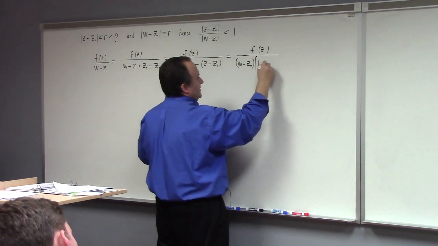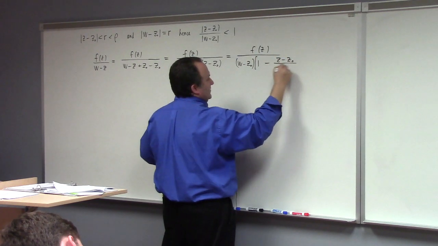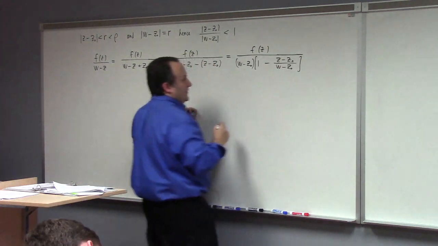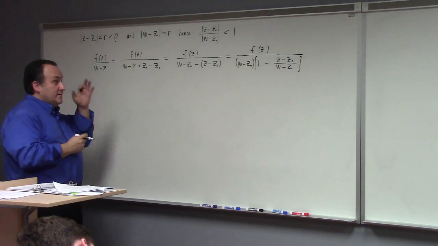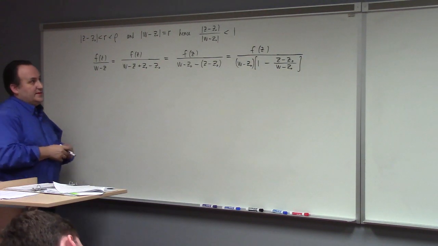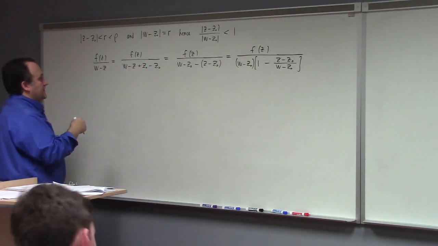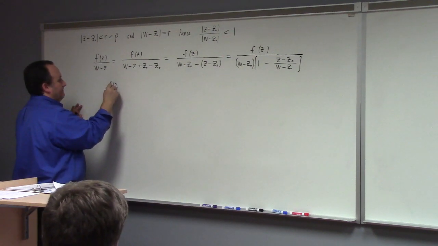And if we do that, I am owing you guys a division by w minus z naught there, right? All right, great. Notice that the fraction that just appeared has a modulus which is less than 1 because the quotient of the moduli is the moduli of the quotient. And so lo and behold, we have the following formula.